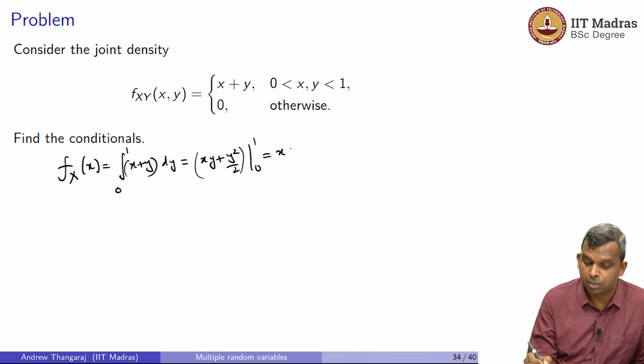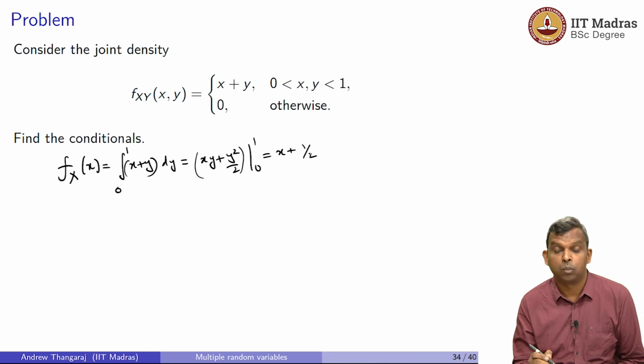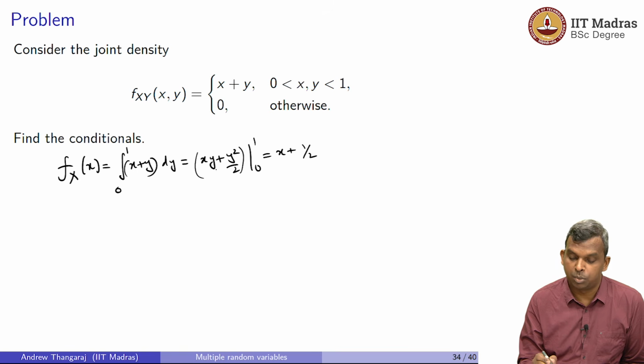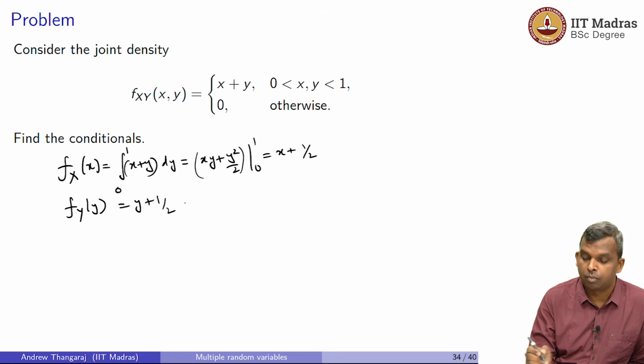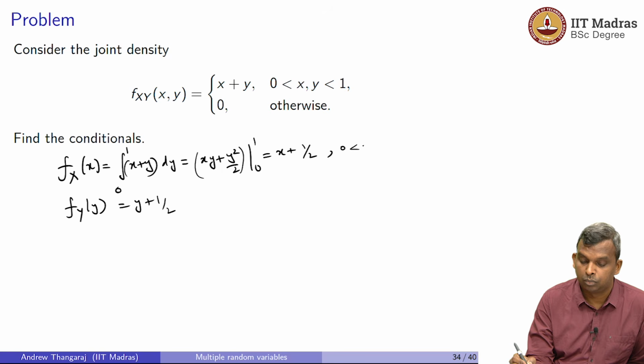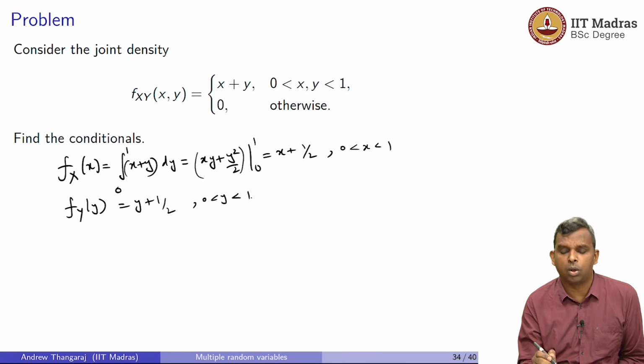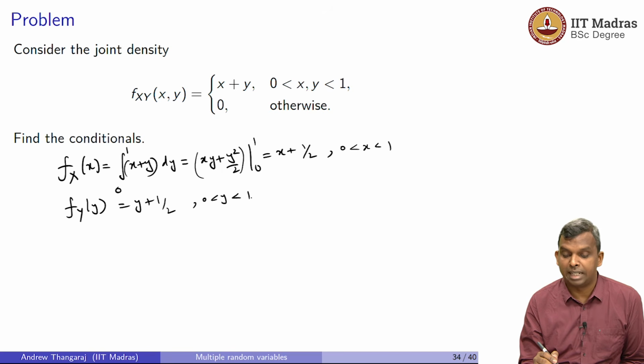So, you are going to get x plus half. Okay. If you do the marginal of y, you will again get y plus half, x between 0 and 1, y between 0 and 1. Okay. So, we saw before how this is a valid density and all that.